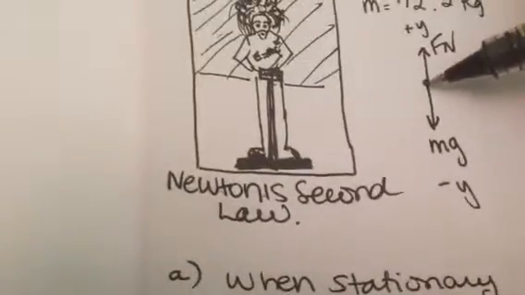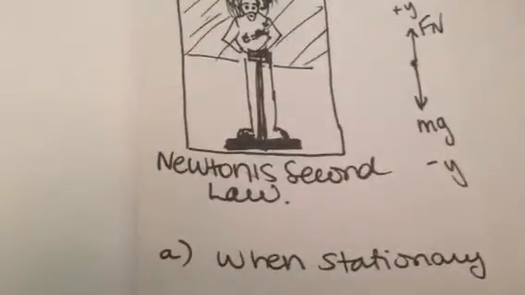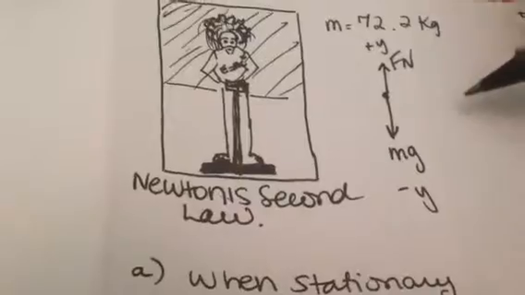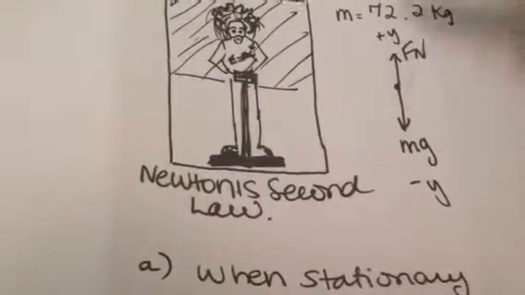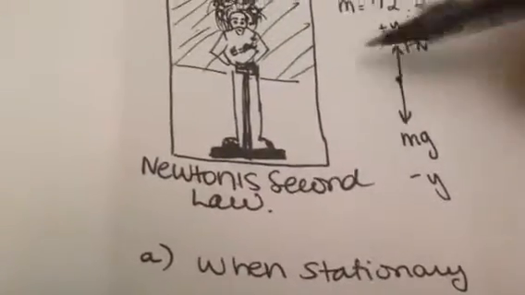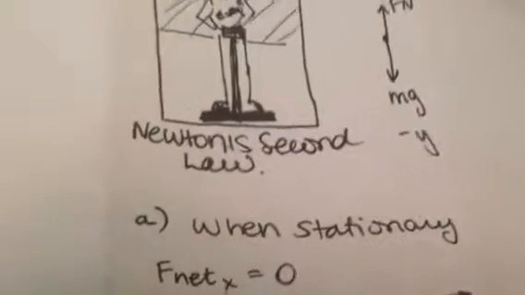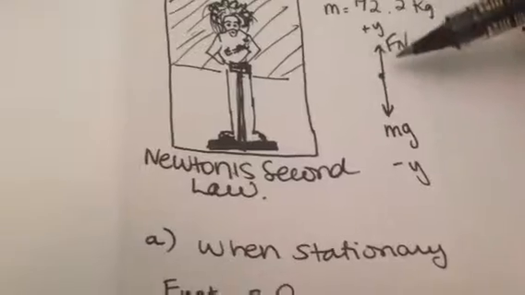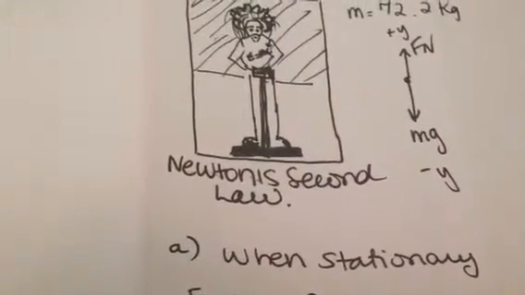Do we have any forces in the x direction? No. So we know that when he's stationary, there are no forces pulling side to side on him. So F net in the x is 0, and he doesn't have any acceleration in the y direction.